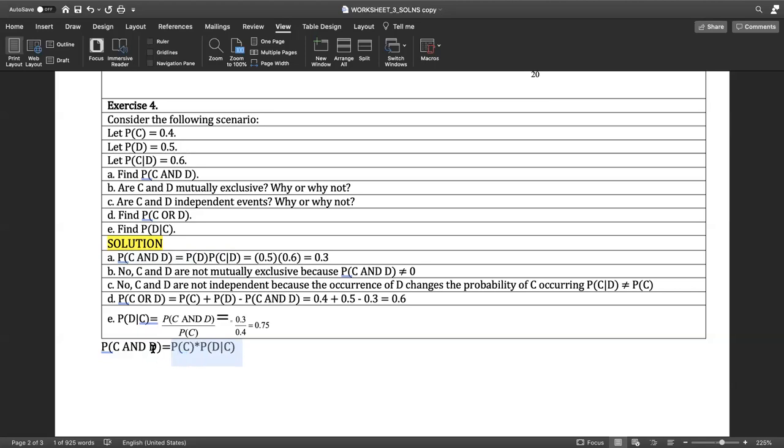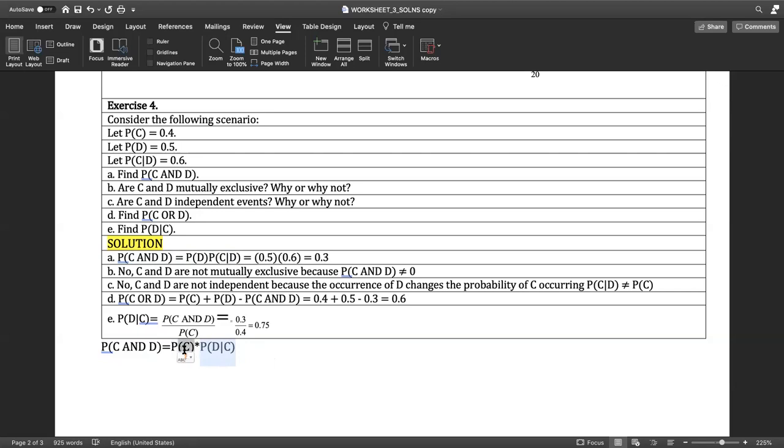Instead of conditioning on D, we'll condition on C. And now the multiplication rule is the probability of C times the probability of D given C. Now we can solve this equation for the probability of D given C. So we're solving for this piece.